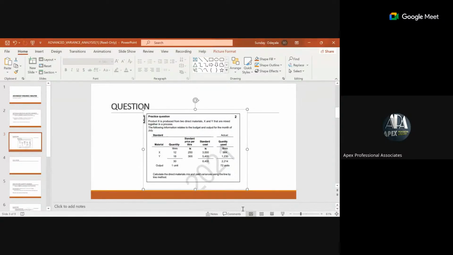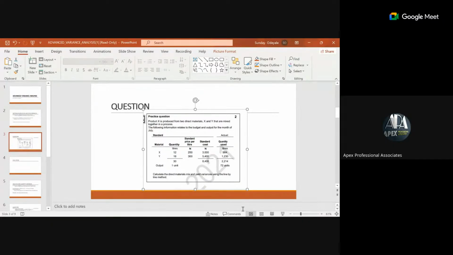So here we have the standard on the left side and the actual on the right side. For the standard, we were going to use 12 liters of material X and 18 liters of material Y, which means we are going to use 30 units in total. The standard price is there, 250 and 300, while the standard cost is just the multiplication of the two.